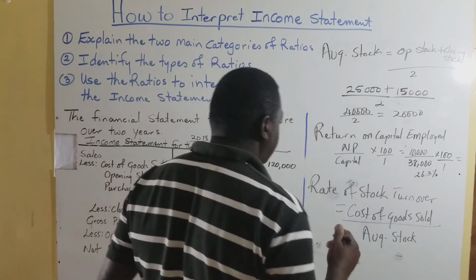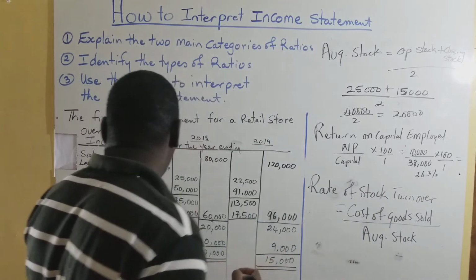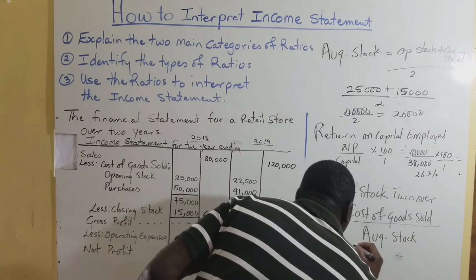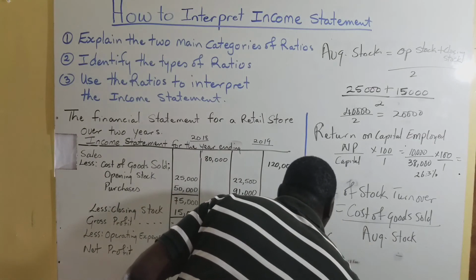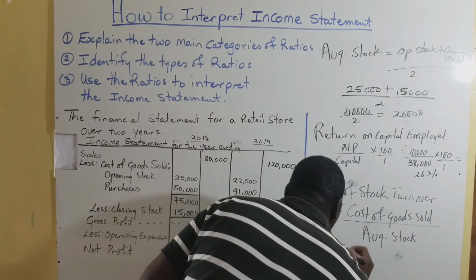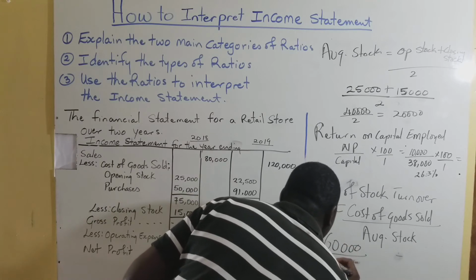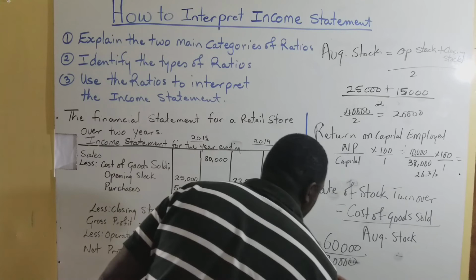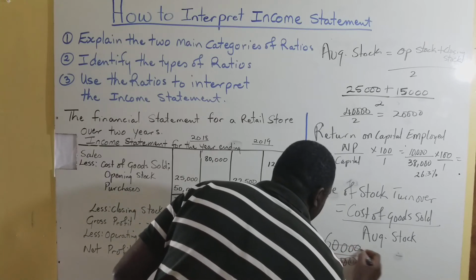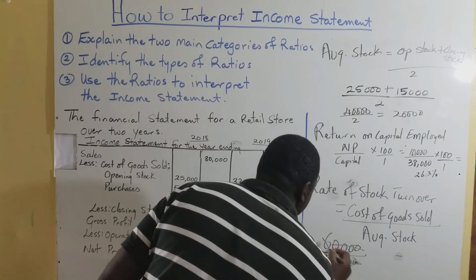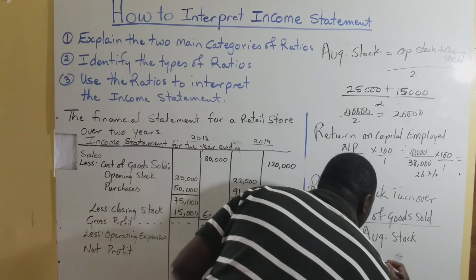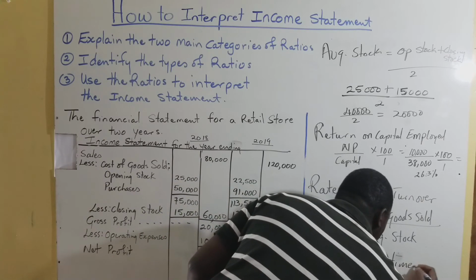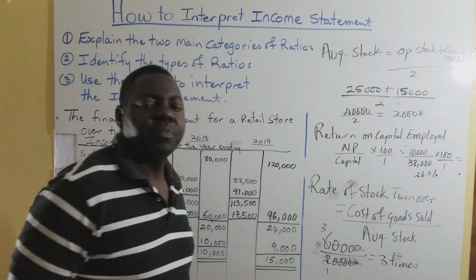If we plug in the values now, the cost of goods sold is $60,000. So it is going to be 60,000 divided by 20,000. We can cancel, and 20 into 60 goes 3. So we have turned over the stock 3 times in the year.